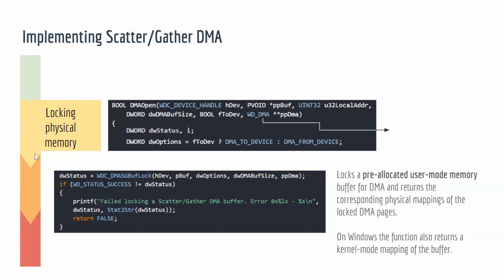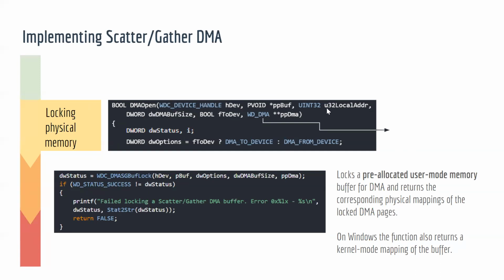Okay, the second part is locking the physical memory. Okay, so after we allocated the buffer, we need to lock it to actually lock it. Okay, so again, we have a call for the device handle. We have a pointer to the DMA buffer.